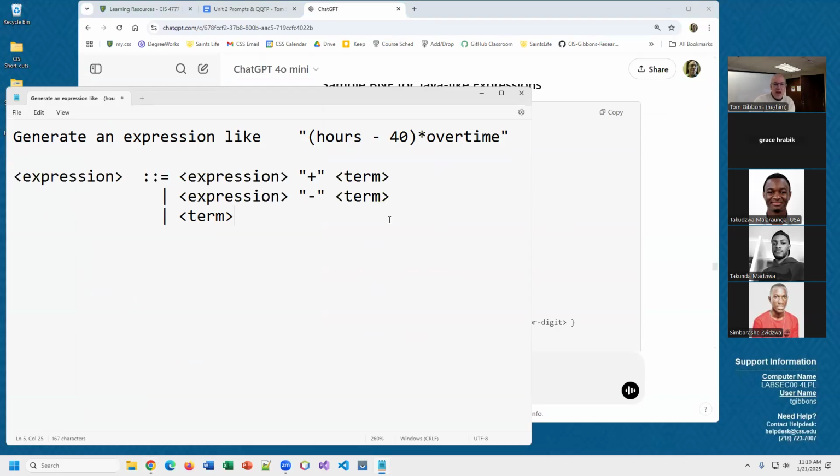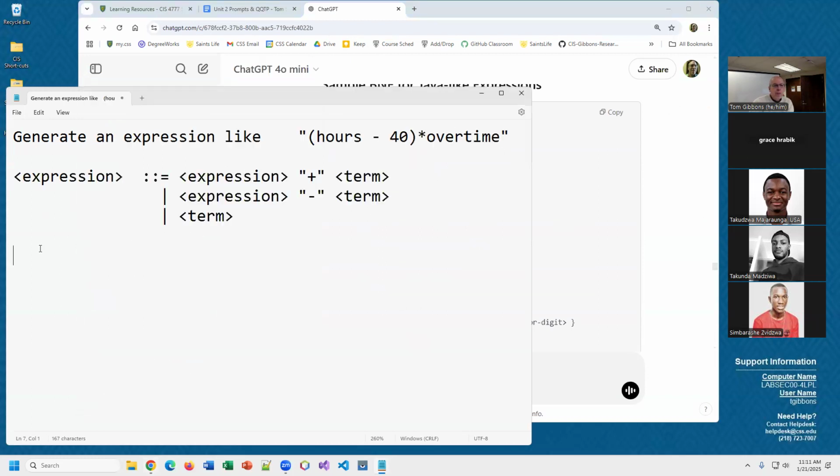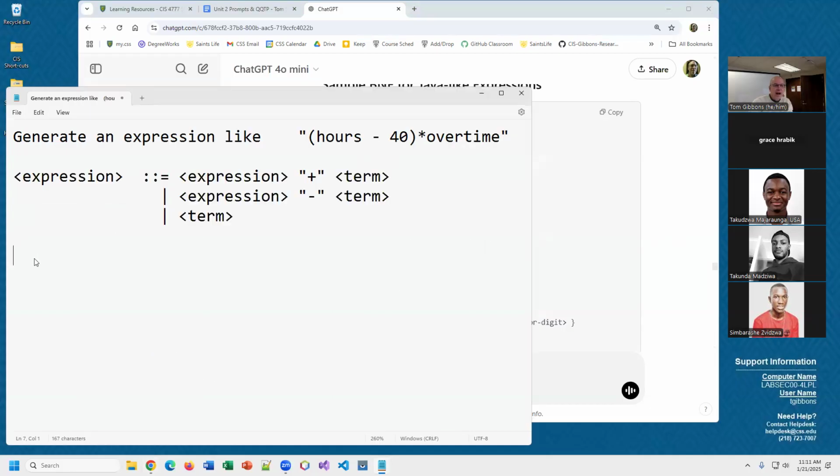So then I can work with this, and I can do this minus here. So I'm going to do this one since I have it. Now this one starts with an expression, so if I start with an expression, it then works in terms next.